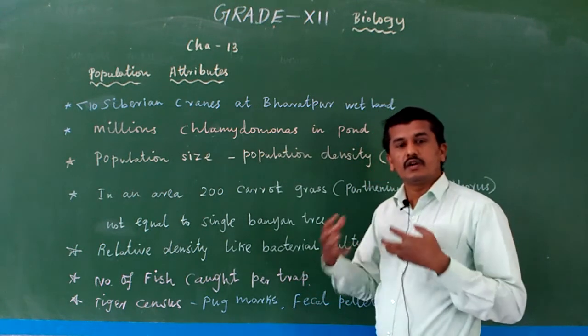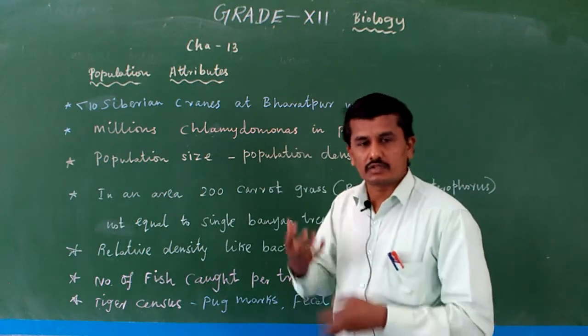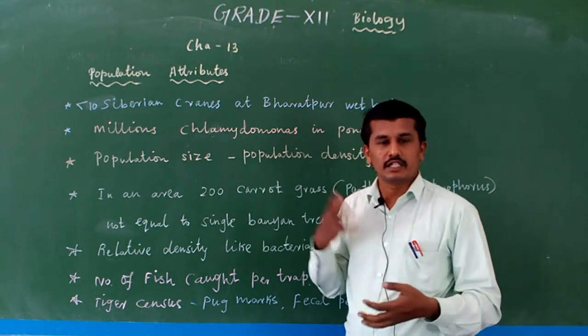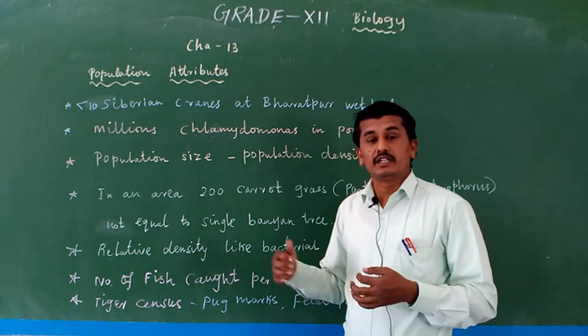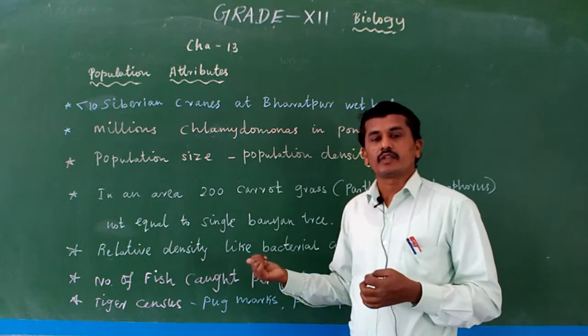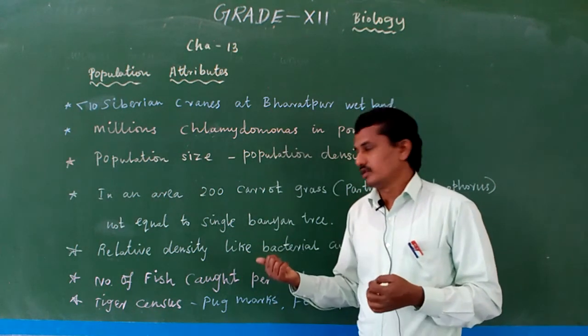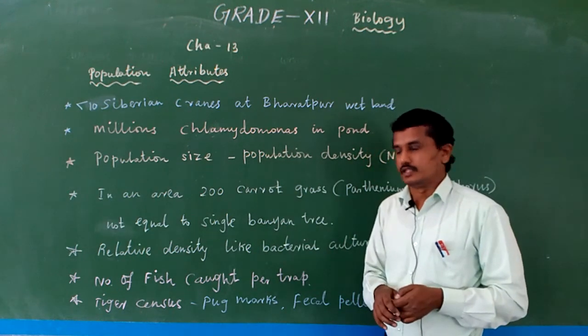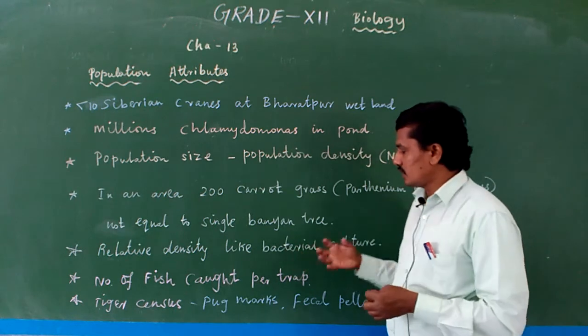Counting the population is difficult in small organisms like bacteria, Chlamydomonas and other phytoplankton and zooplankton. But relative density is easy, and it serves the purpose. Another way of calculating a particular population is the number of fish caught per trap.